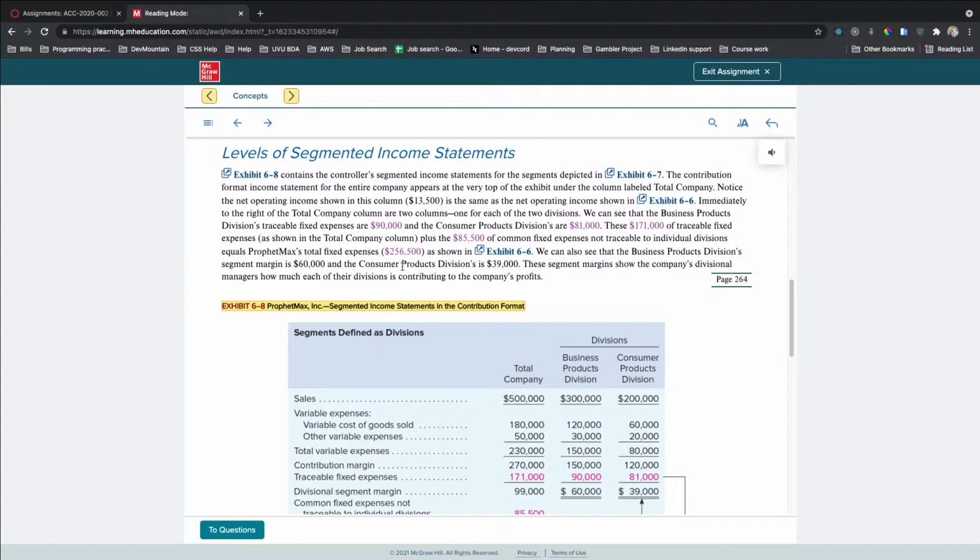Notice the net operating income shown in this column, 13,500, is the same as the net operating income shown in Exhibit 6-6. Immediately to the right of the total company's column are two columns, one for each of the two divisions. We can see that the business products division traceable fixed expenses are 90.